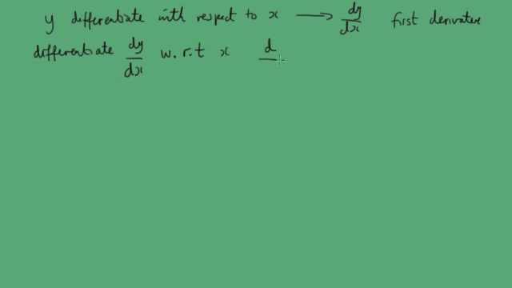So we get d by dx of dy by dx, and we normally write that as d2y by dx squared, and we call this the second derivative.